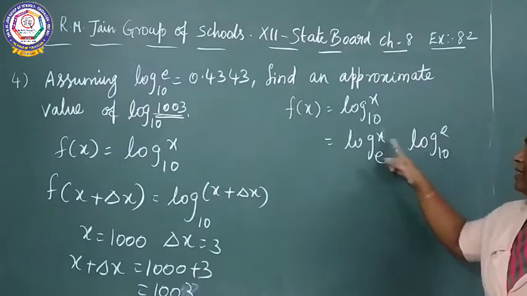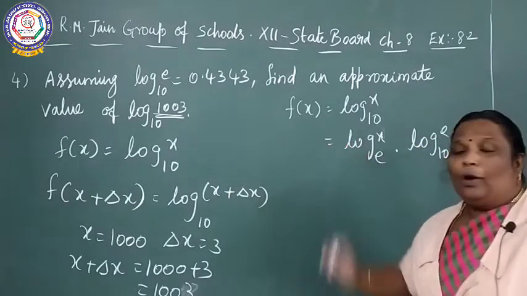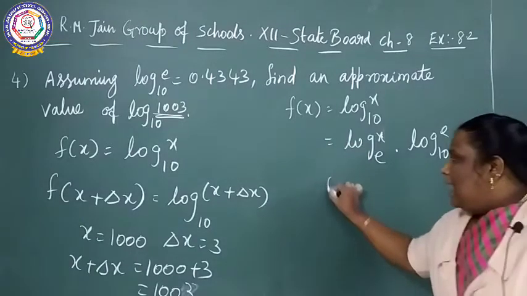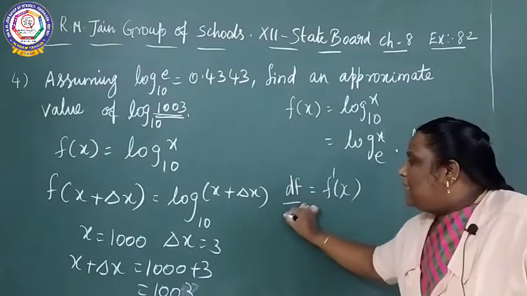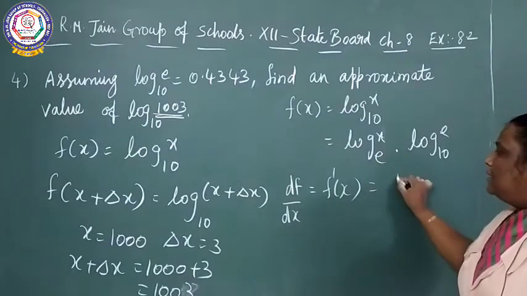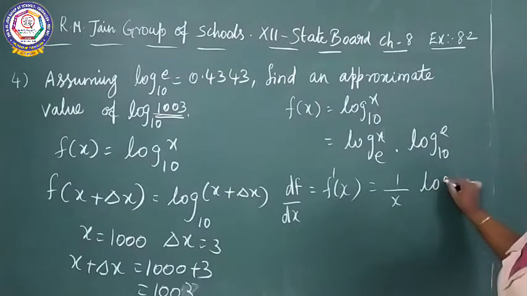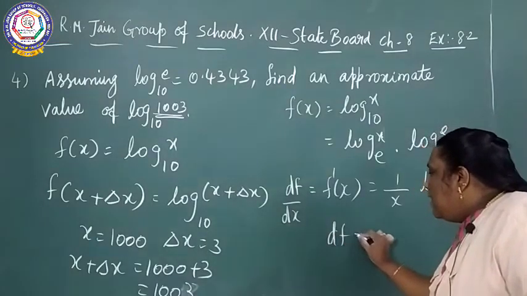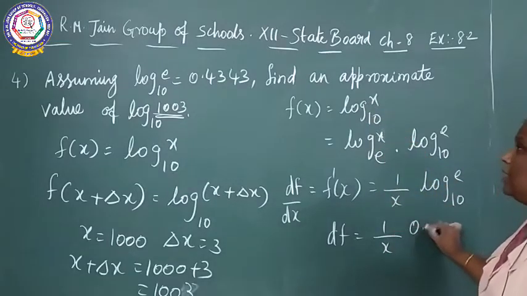Now move on to f'(x), which is df/dx. Differentiating log x with respect to x gives 1 by x. What is the value of log e base 10? It gives df = (1/x) log e base 10, equal to what?